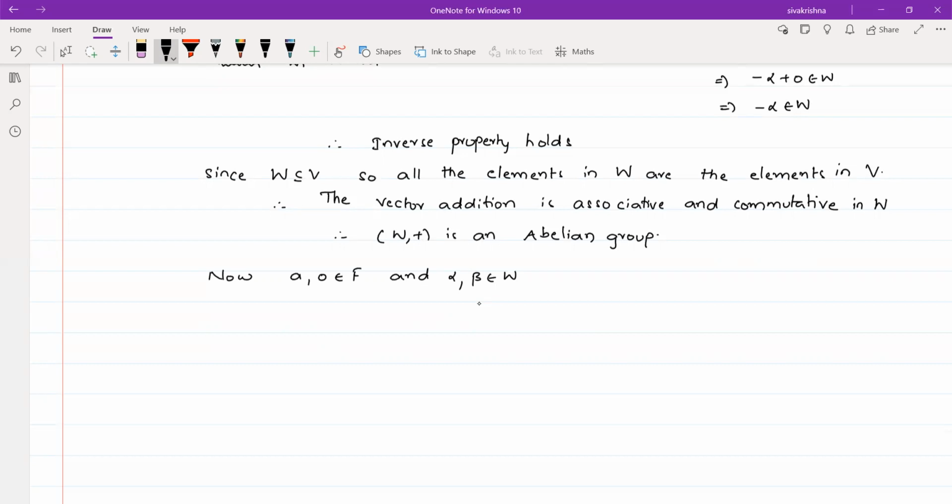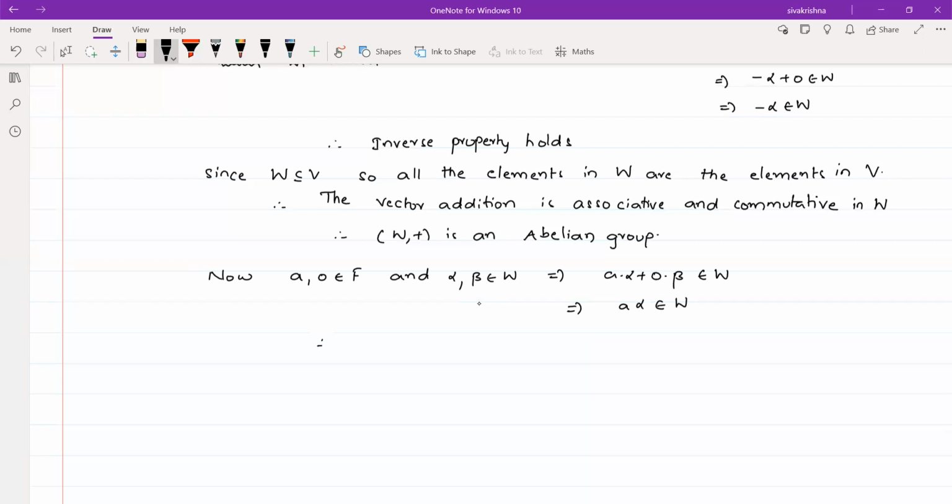In the second condition of the vector space definition, we have to prove that a alpha belongs to W. For that, I am considering a, 0 in F and alpha, beta in W. Once again, by our supposition, we can write a into alpha plus 0 into beta belongs to W. So a into alpha is a alpha, whereas 0 into beta is 0, so that we get a alpha belongs to W. So this is the closed scalar multiplication property.